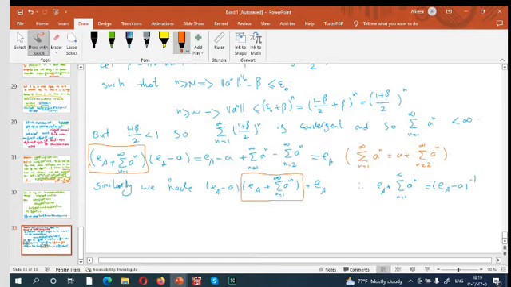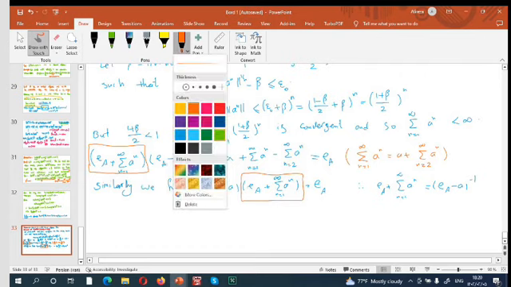Please note that the inverse of all elements is unique. Okay, please note that.